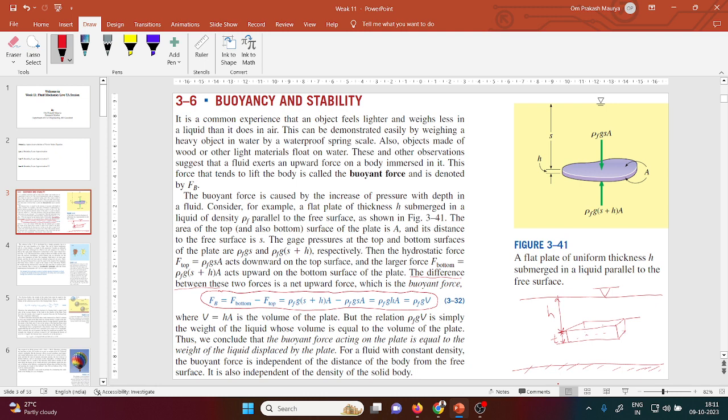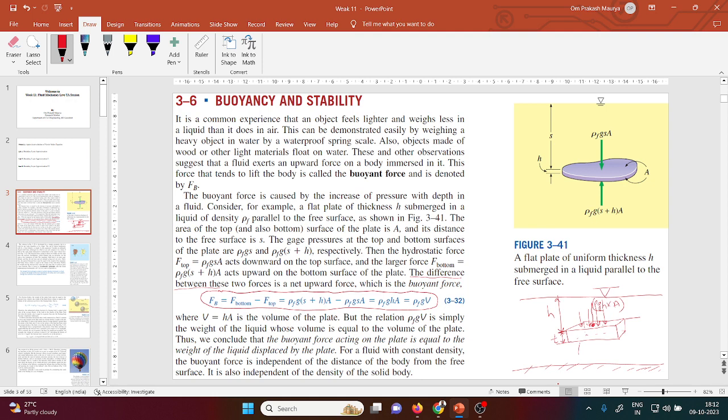From the very basics, the hydrostatic force on the top, at the center of the body, will be rho g h into A. That is the hydrostatic pressure rho g h, which you know from the very basics.